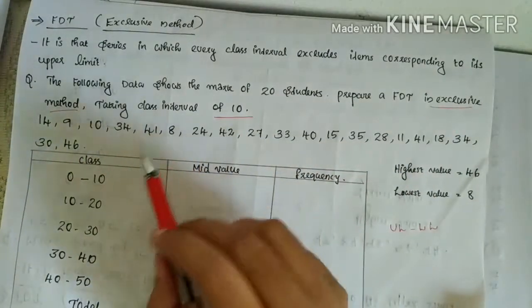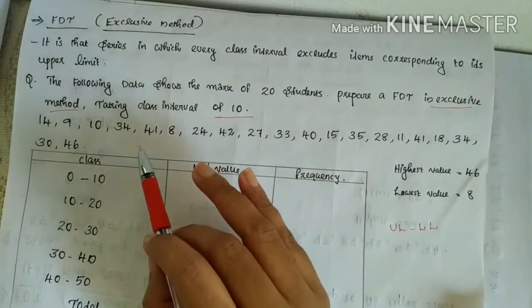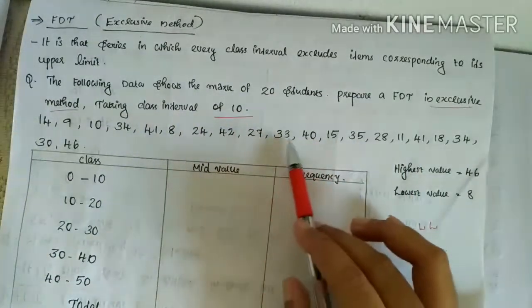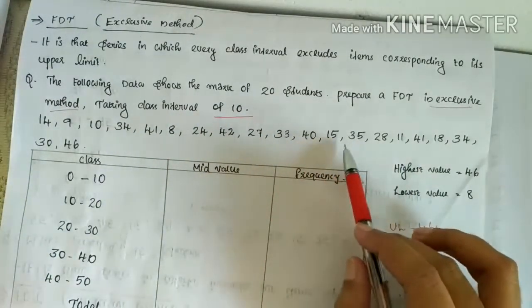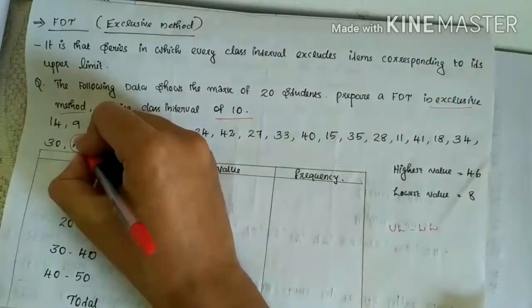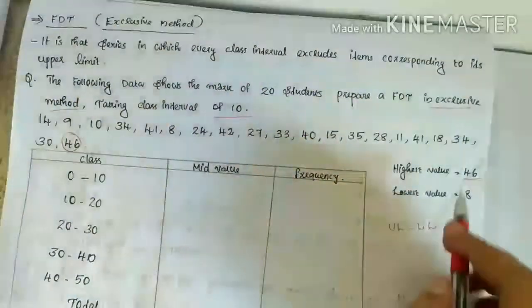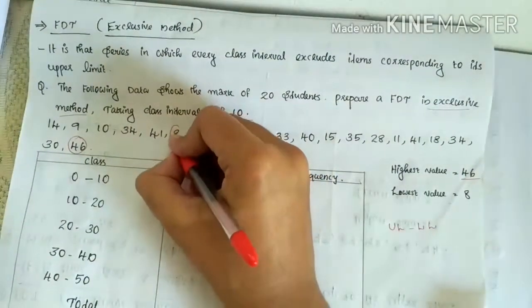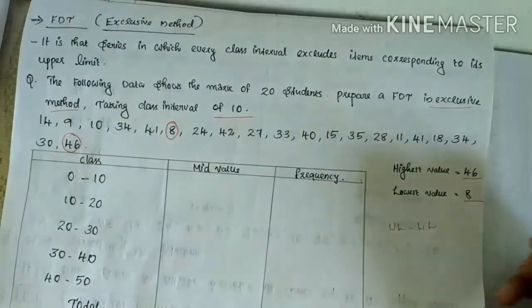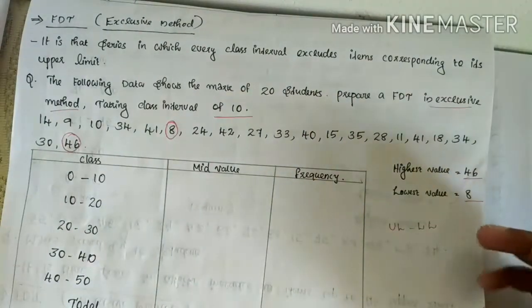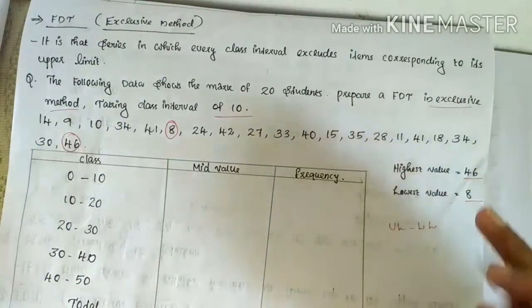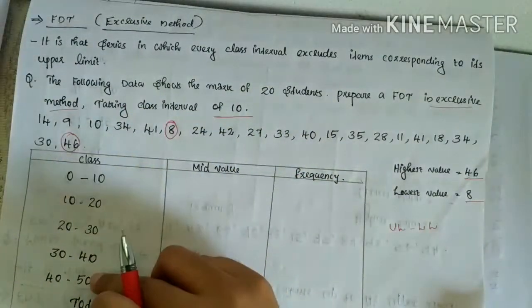So first procedure, identifying the highest value and lowest value in that series. Here the highest value in this series is 46 and the lowest value is 8. After identifying these, next we construct the classes.